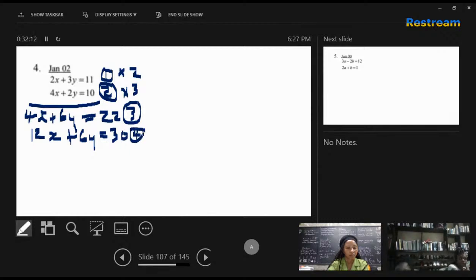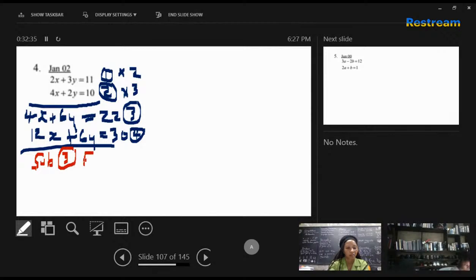So we're going to subtract equation 3 from equation 4. That makes sense.